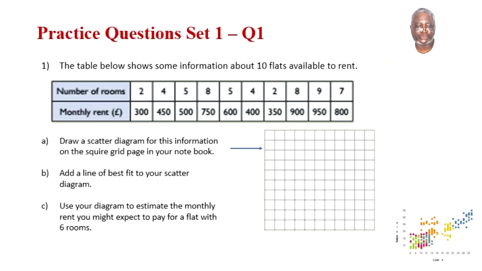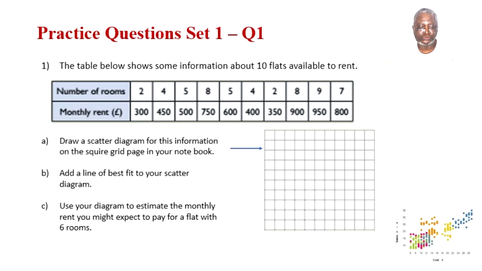Practice question set 1. Question 1. The table below shows some information about 10 flats available to rent, based on the number of rooms and their monthly rents.